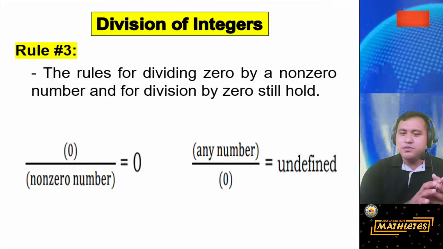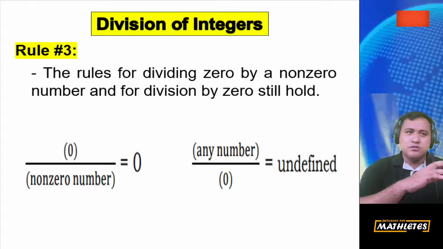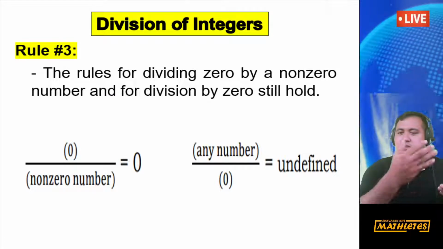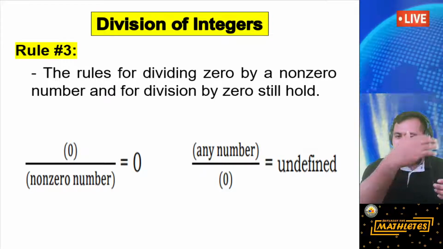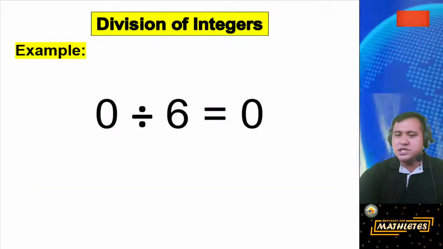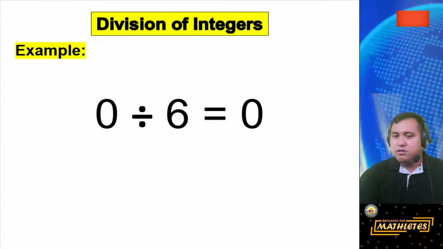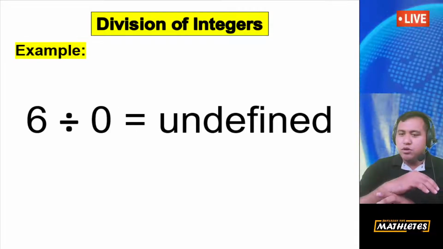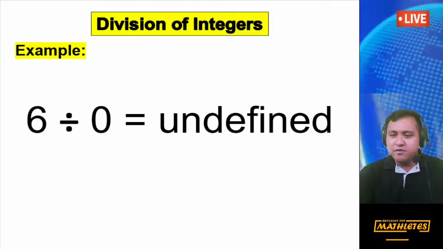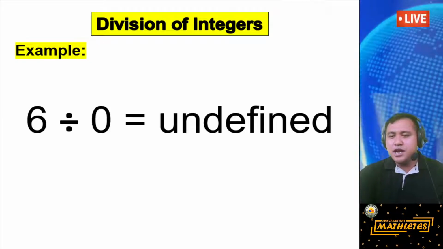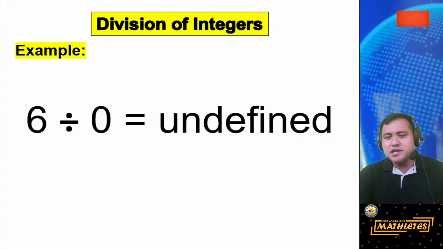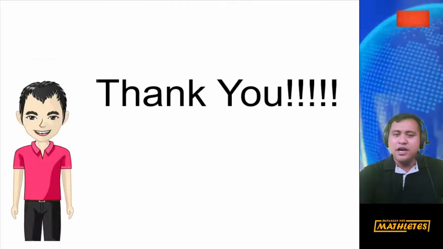And then, if the dividend is non-zero and the divisor is 0, our answer is undefined. Like for example, 0 divided by 6, the answer is 0. But if we are going to exchange, baliktaron na ni, 6 divided by 0, it is undefined. Undefined siya kay wala siya possible answer. Not yet defined. Undefined gani. Okay?